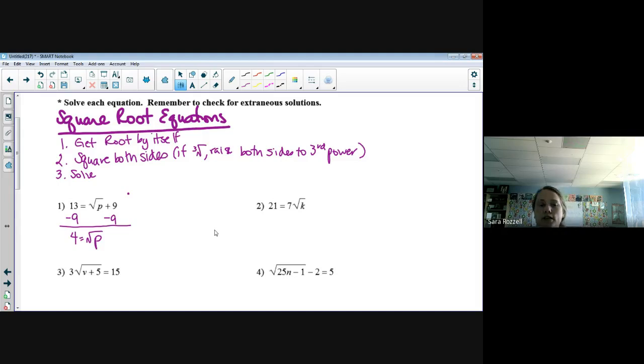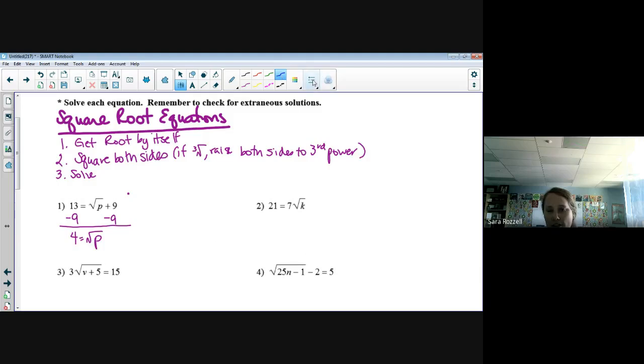So we have 4 is equal to the square root of p. And at this point, you can probably just tell me what p needs to be. The square root of what equals 4? Anybody want to mouth it? 16? Yeah, I saw a 16. The square root of 16 is equal to 4.